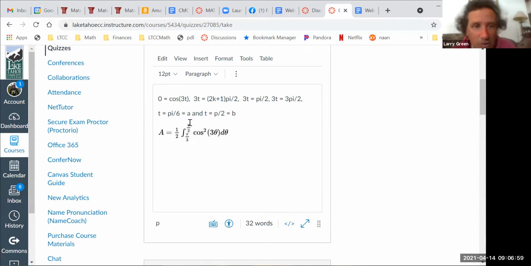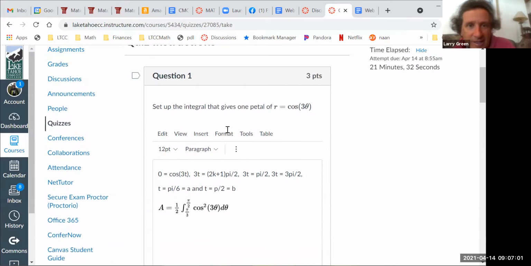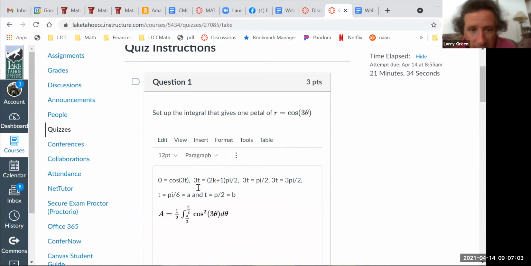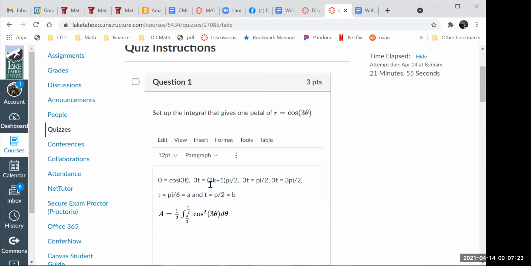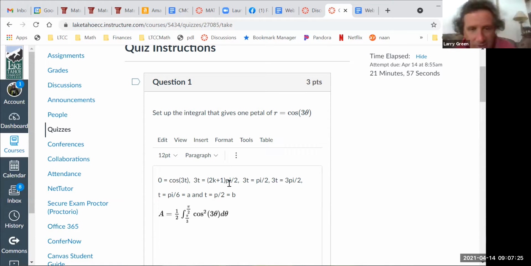Okay, so let me work this out. Again, we have 3t equals 2k plus 1 times pi/2. So if k is negative 1, we get negative 1 times pi/2 is 3t.